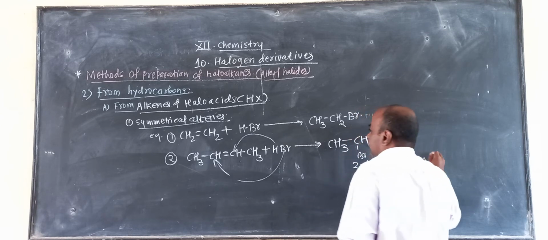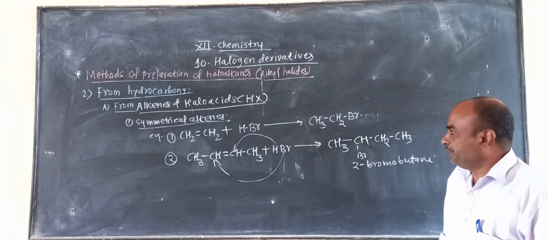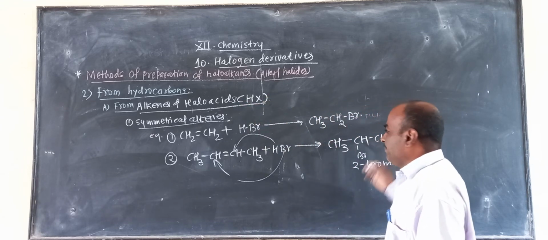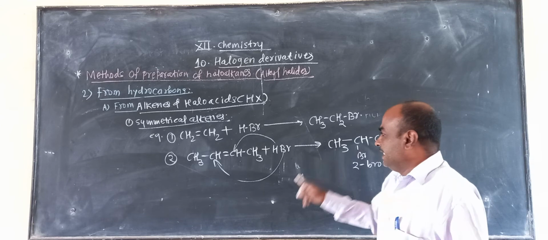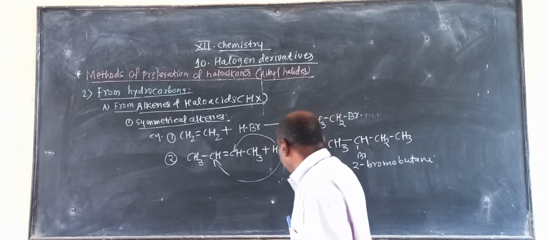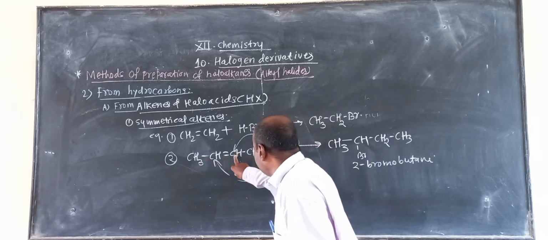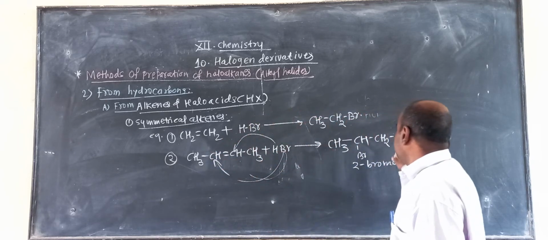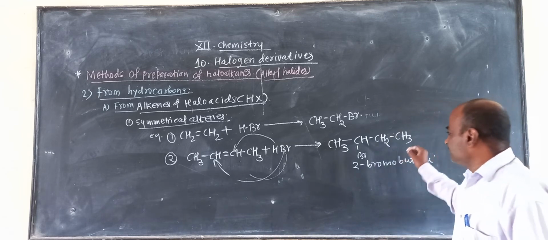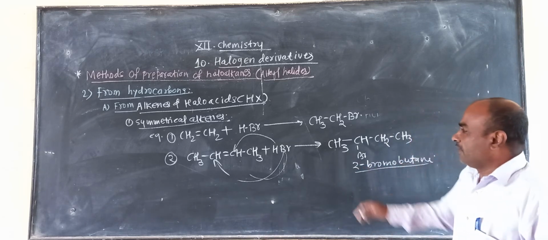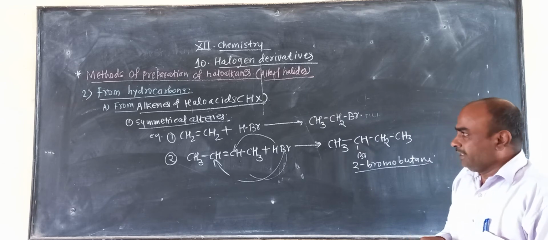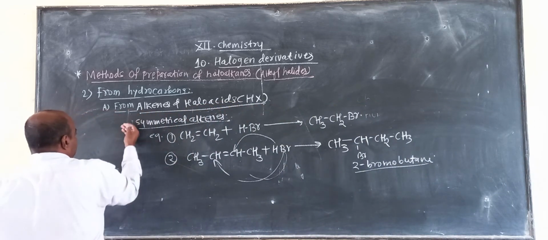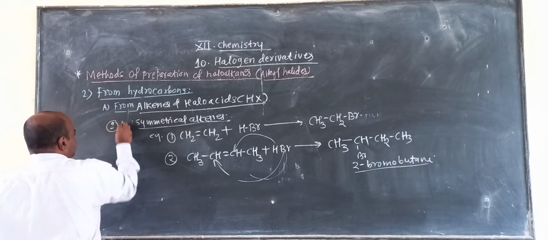Suppose bromine is on the other carbon atom and hydrogen is added here, then also the same product is obtained. There is no option for the symmetrical alkene, but by using the unsymmetrical alkene, products are of different types.